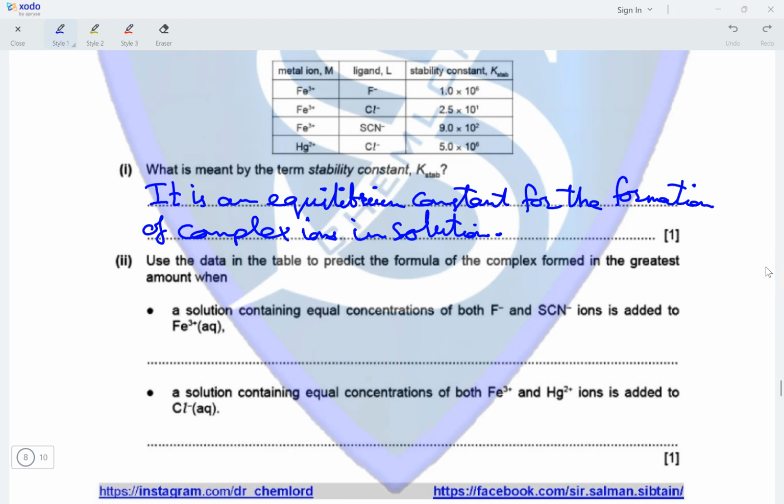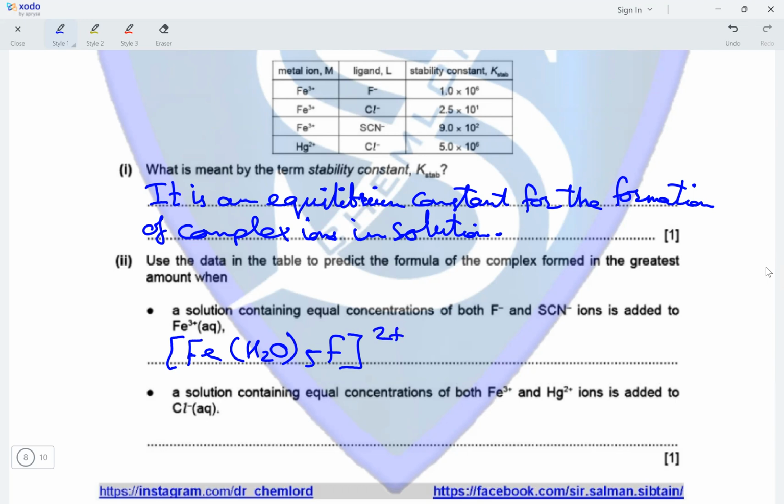So with fluoride it is more stable. So that is the one that will form. So the ion formed would be Fe(H2O)5F, and the overall charge would be plus 3 and minus 1 for fluoride, so overall charge will be plus 2.